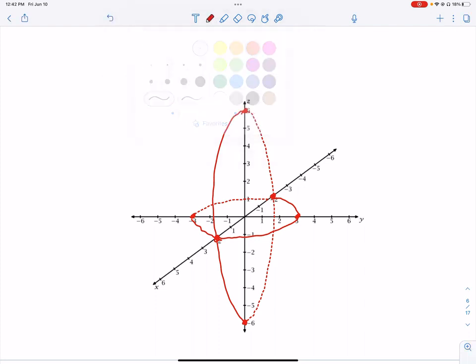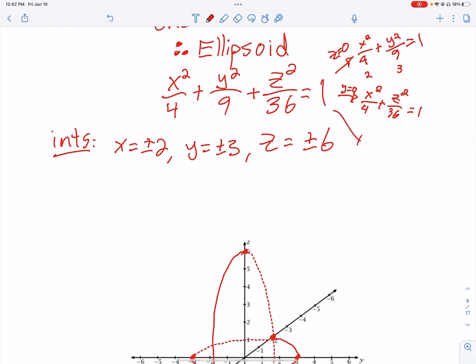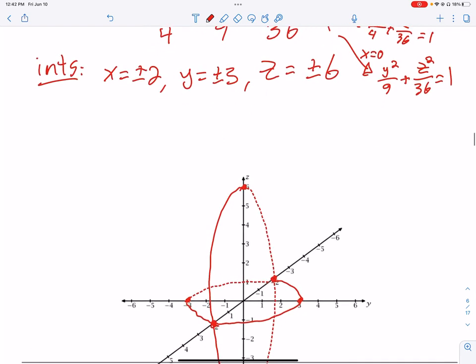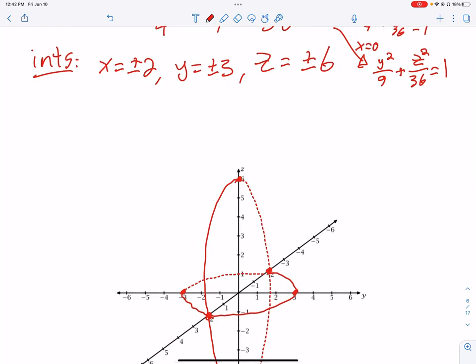Now we could do one more trace here. I could say let z equal 0. Oh, we did z equal 0. If I let x equal 0, I get y squared over 9 plus z squared over 36 equals 1. All right, that is an ellipse in the y direction and z direction. That's flat.